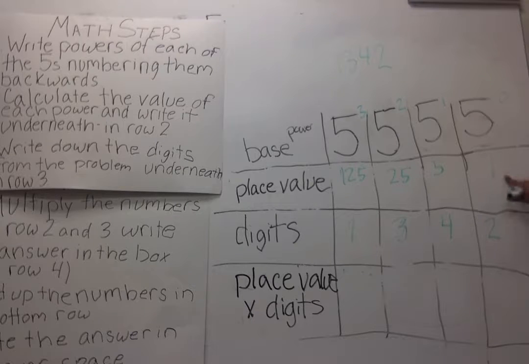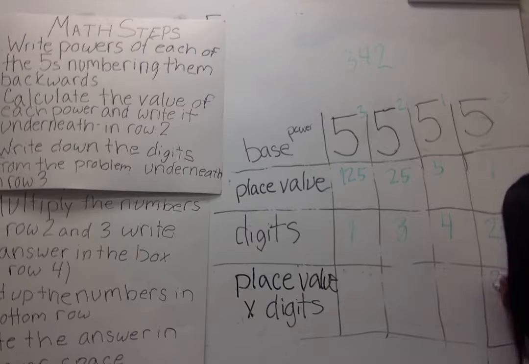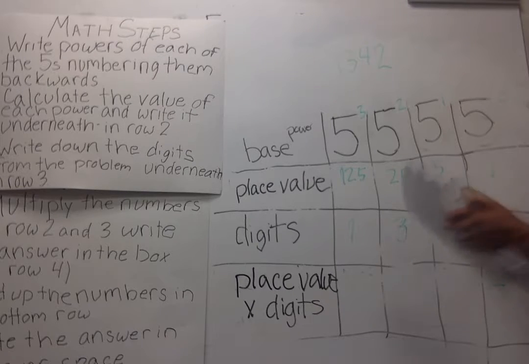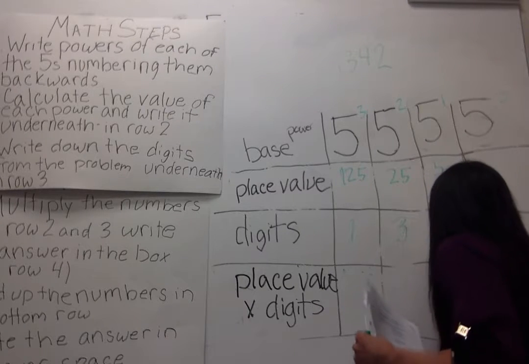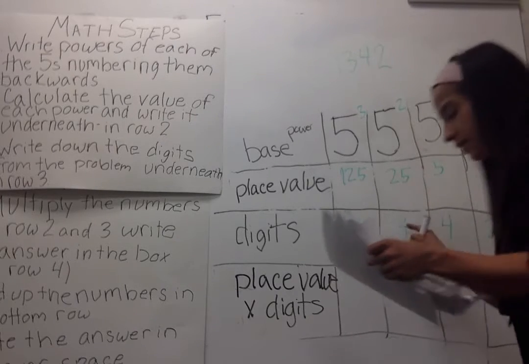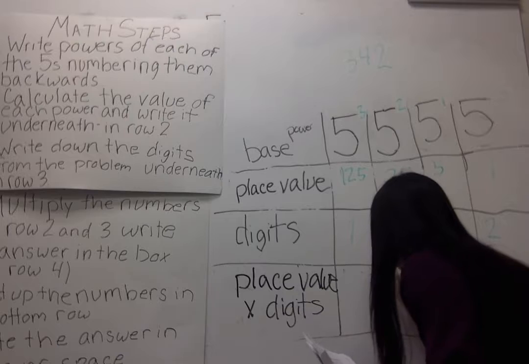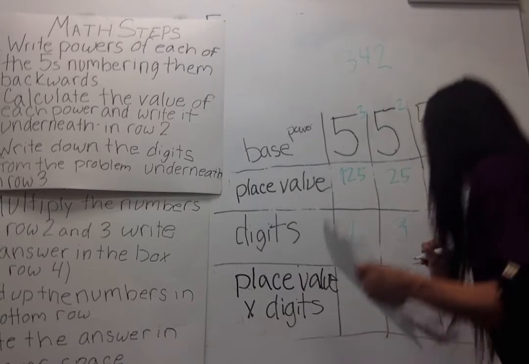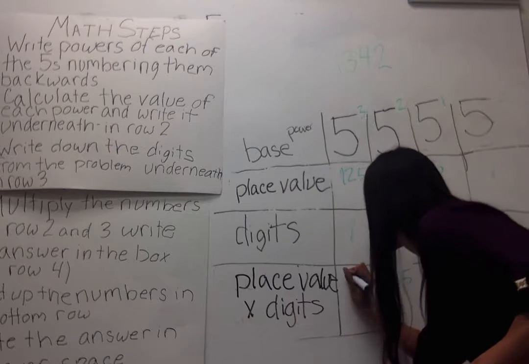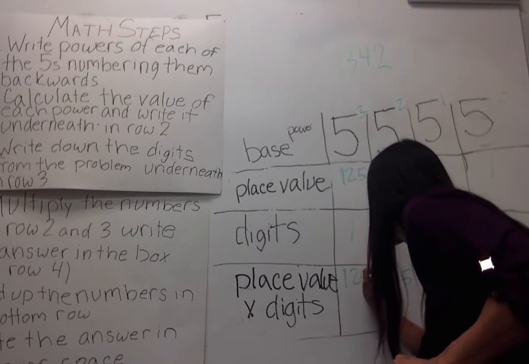So 2 times 1 would be 2. 4 times 5 would be 20. 25 times 3 would be 75. 125 times 1 would be 125.